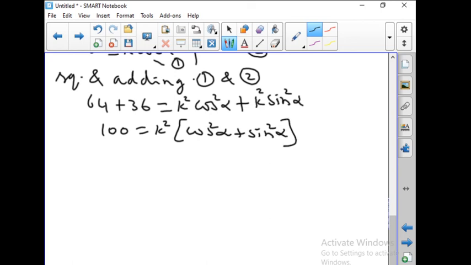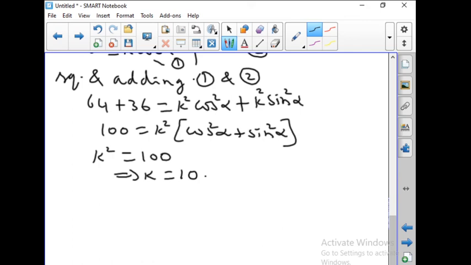We know that is equal to 1. So k square is equal to 100. So what about k? K is equal to plus or minus 10, but here height of the waves cannot be taken as negative, so we take k is equal to plus 10.